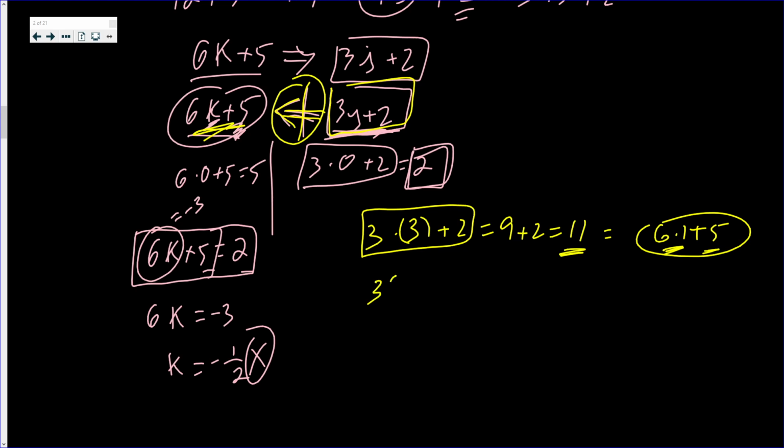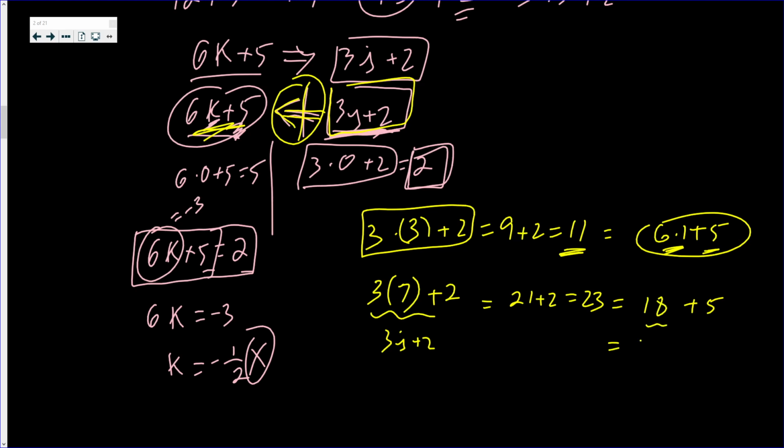If you let j be 7, that's 21 plus 2. This is in the form of 3j plus 2. 21 plus 2 is 23. Well, 23 is 18 plus 5, but 18 is a multiple of 6.